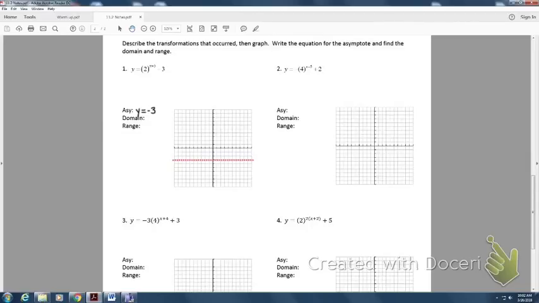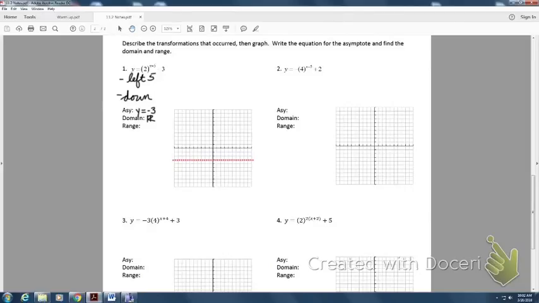All real numbers, always. Jillian, what are the 2 transformations on this one? Left 5, and down 3.